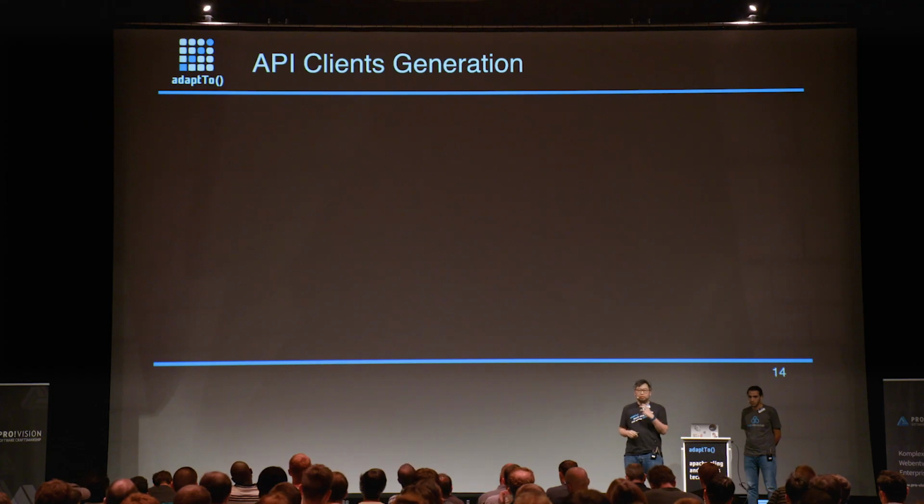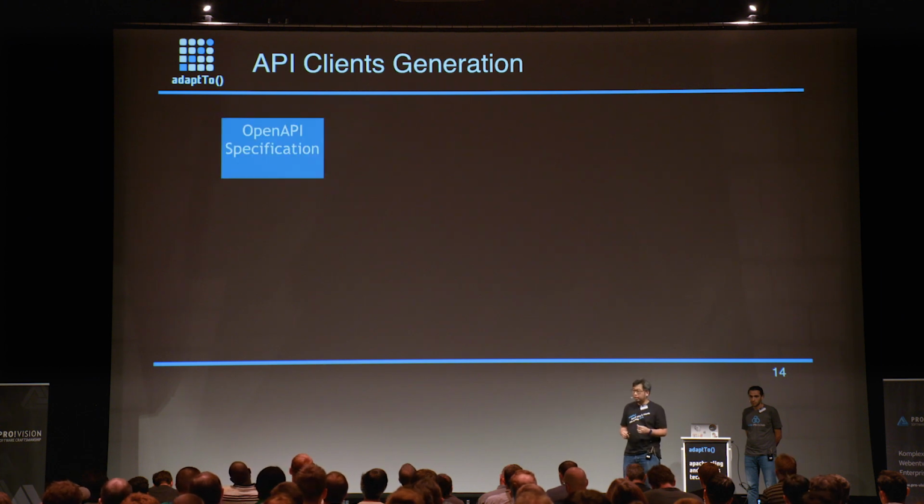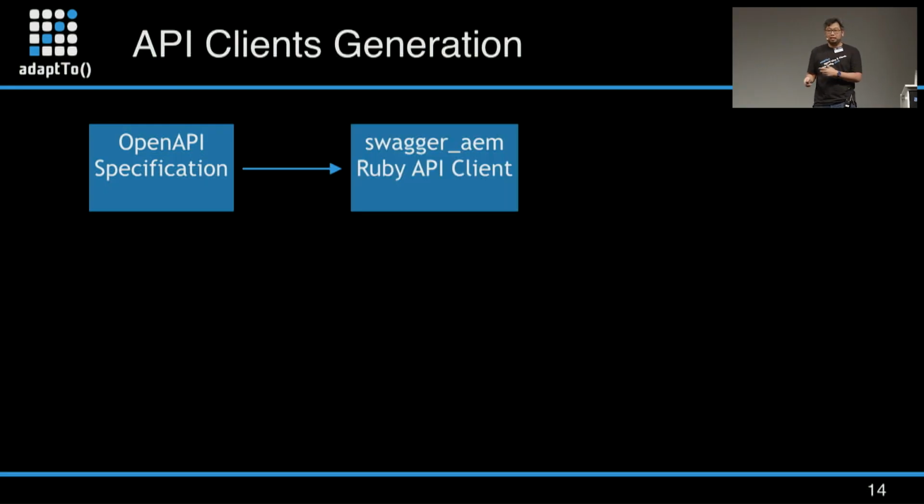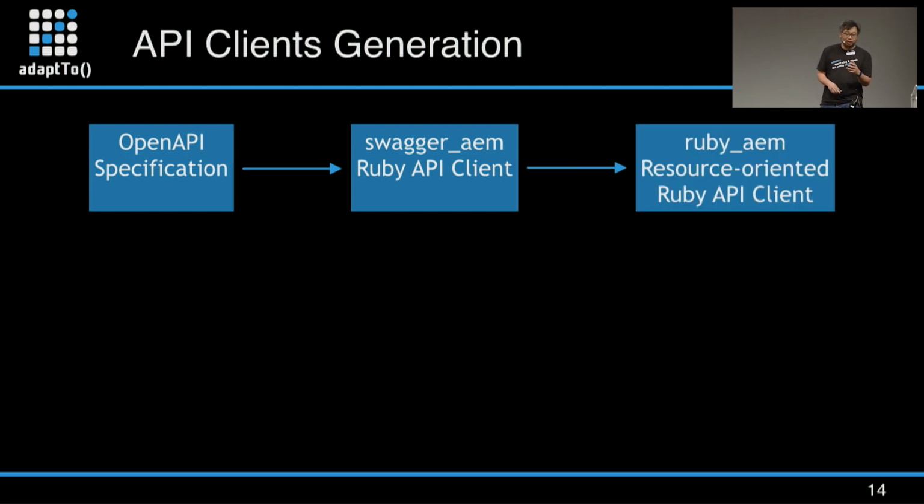Now, what's the sequence of the client's generation? So we start with the OpenAPI specification, and then it is used to generate a library. The one, for example, here is called Swagger_AEM, which is a Ruby API client. And this Ruby API client is obviously based on the endpoint. We also introduced another layer called Ruby_AEM.